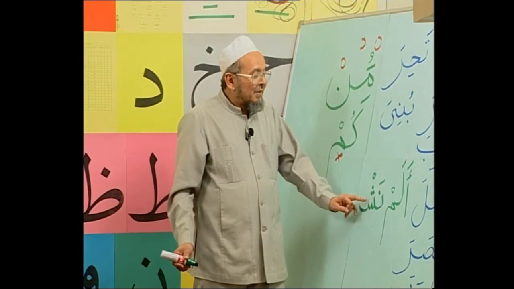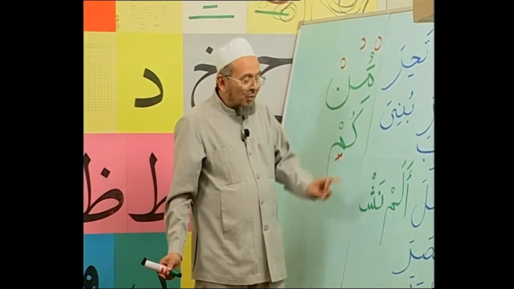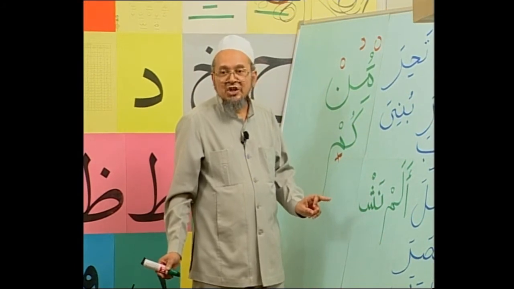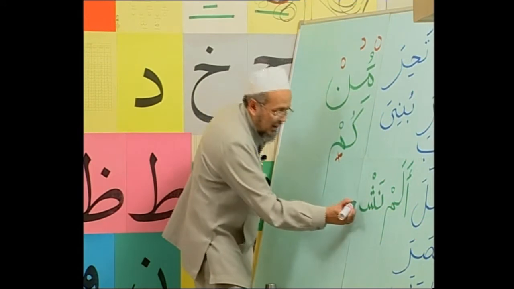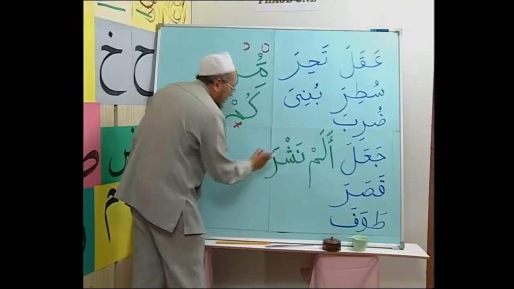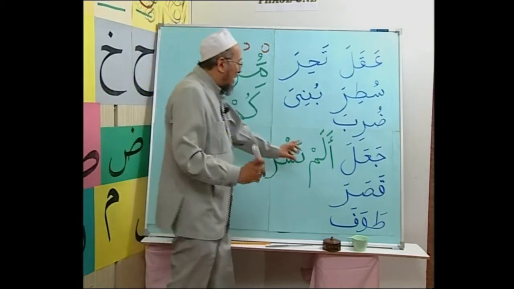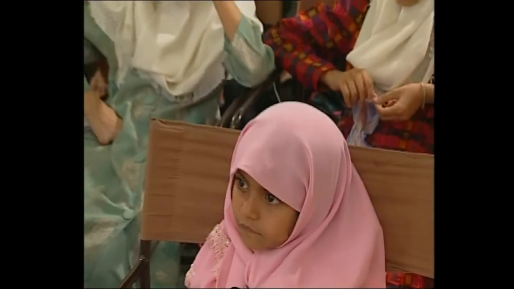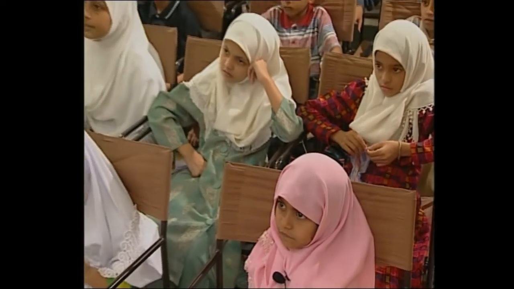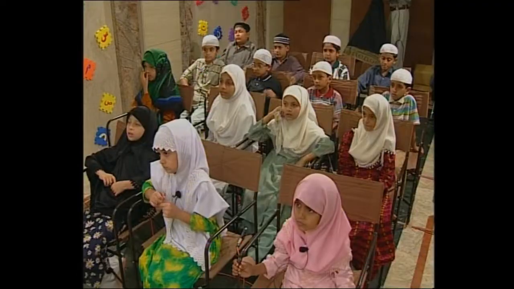And then sheen, which carries the sukun sign. So it will become nash. So far is what? Alam, nash. Alam nasrah. So now so far, lam, nash, ra.